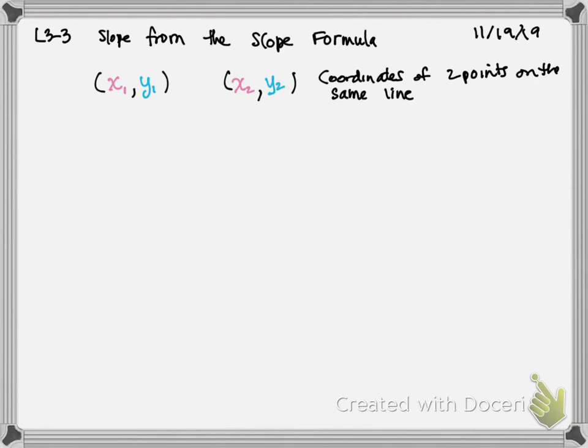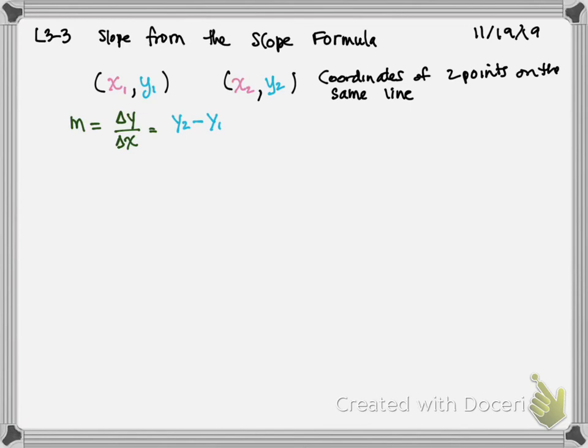So we're going to take this idea that I mentioned yesterday, mentioned again today, where slope is the change in y over the change in x. Change, remember, is a subtraction process. So we're going to take our y values and subtract them. It doesn't matter if you do y sub 2 minus y sub 1 or y sub 1 minus y sub 2.